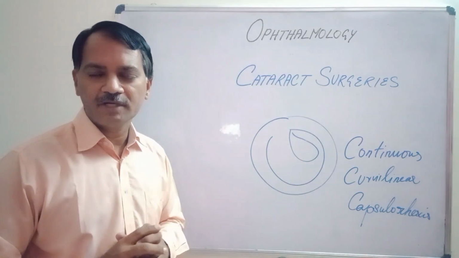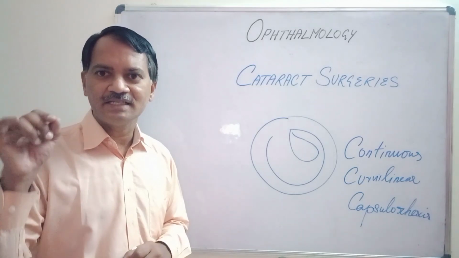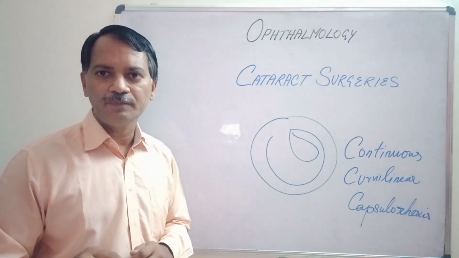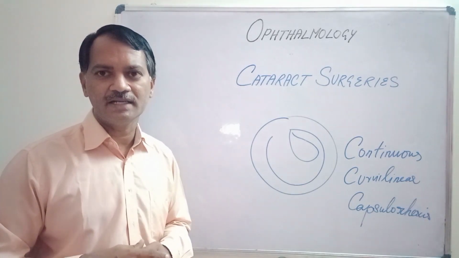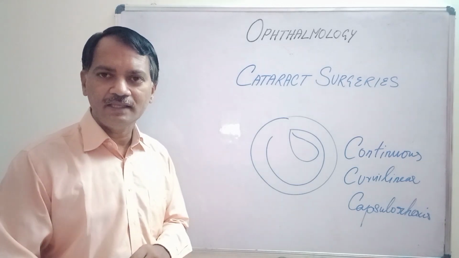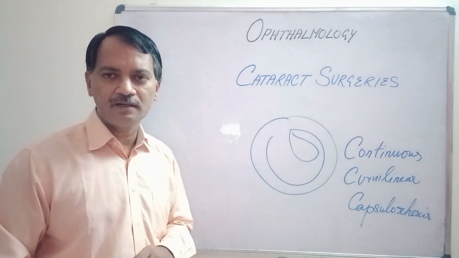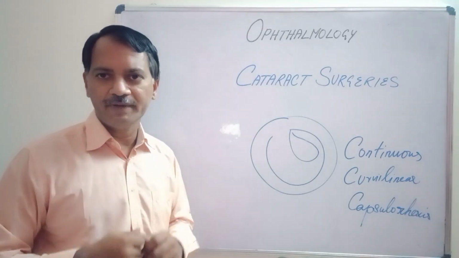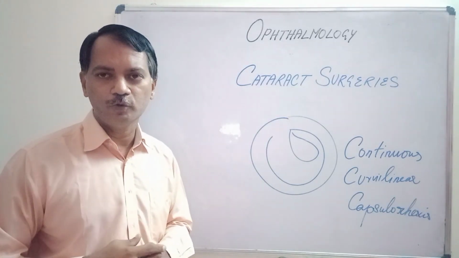Why do we do this? Because we are going to use machining phacoemulsification. Here we are not going to remove the cataractous portion of the lens by pressure and counter pressure technique. We are going to bring the cataractous portion above into the anterior chamber by rotating it, and then remove it.